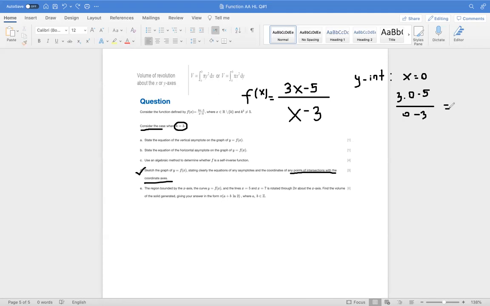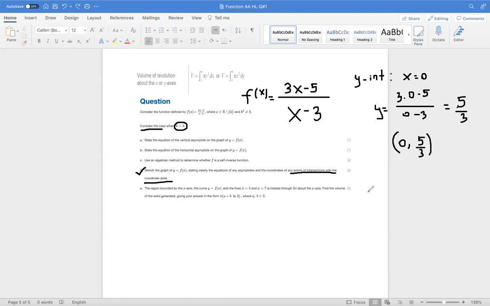So minus 5 over minus 3 will give me 5 over 3. So y equal to 5 over 3. But we should always write this as a coordinate. So when my x equal to 0, my y will be 5 over 3.